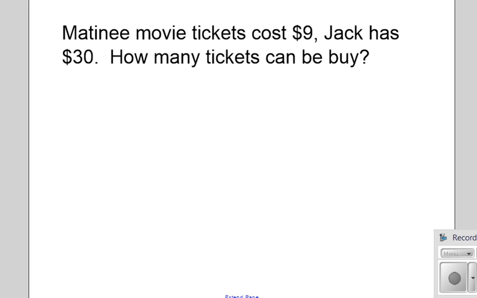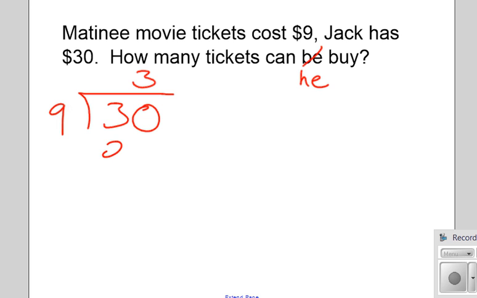Here's another example. Matinee movie tickets cost $9. Jack has $30. How many tickets can he buy? Once again, the division: you've got $30, and tickets are $9. We come away with 3 and 3 left over, 3 ninths, which reduces to 1/3.